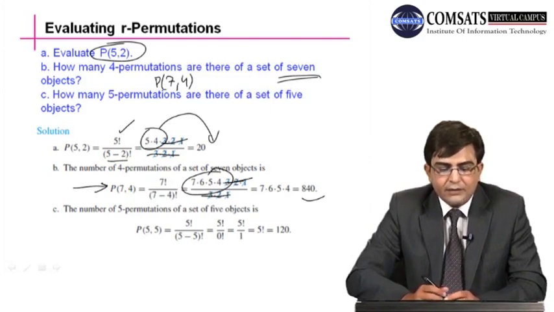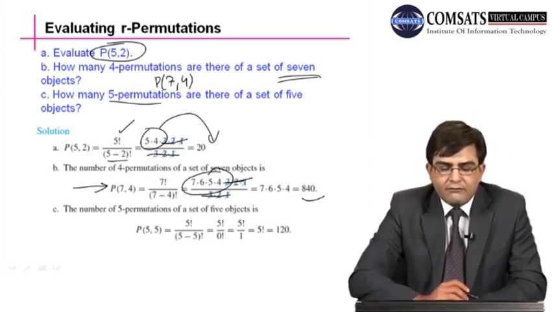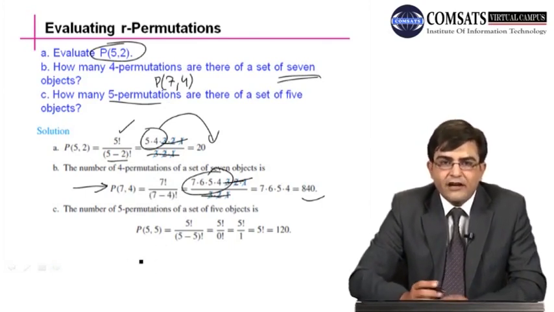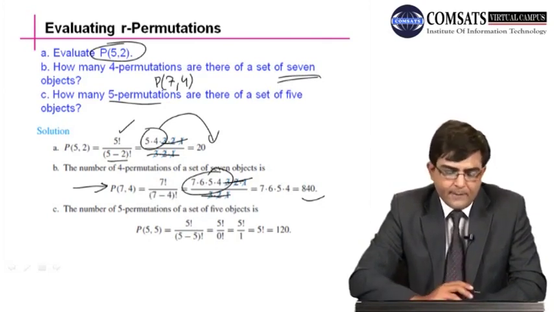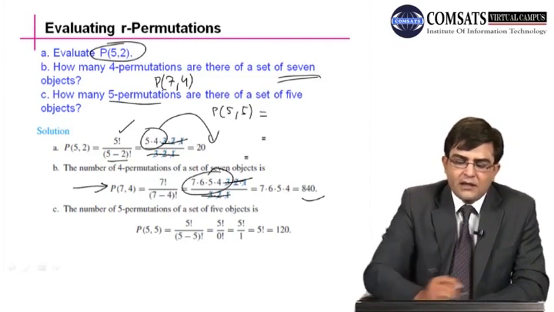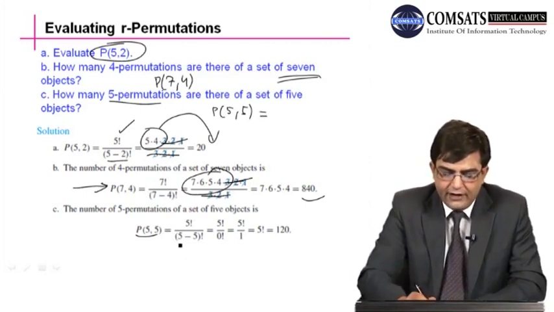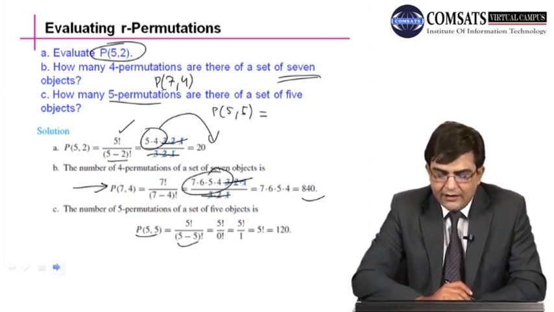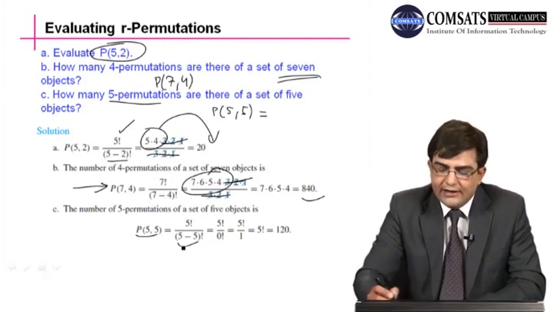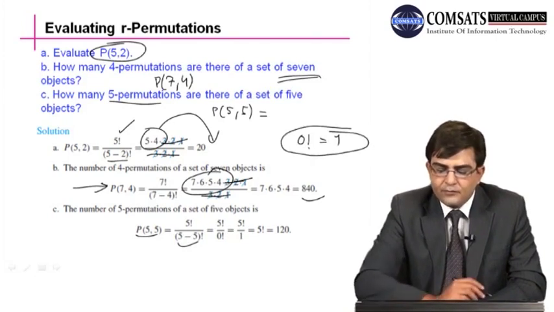The next is how many 5 permutations are there of a set of 5 objects. Here we have to calculate the permutations of all elements of a set, meaning 5 permutations out of 5 elements. This will give us p of 5 5, and we can calculate it using the formula 5 factorial over 5 minus 5 factorial. 5 minus 5 factorial is 0 factorial, and I have told you that this is equal to 1.